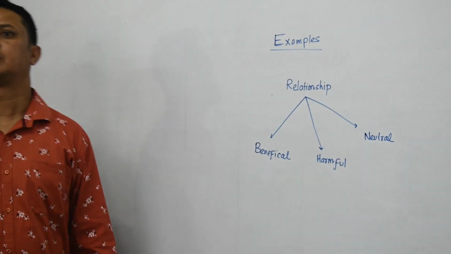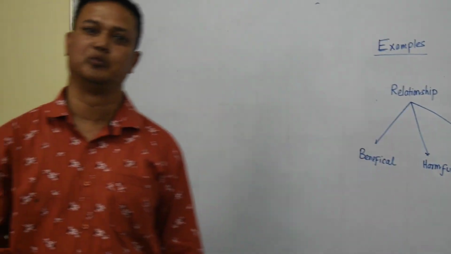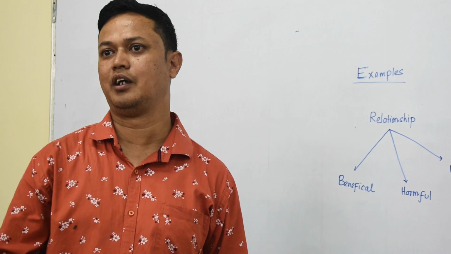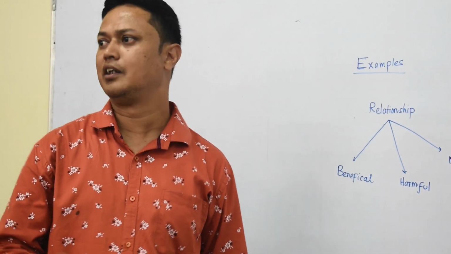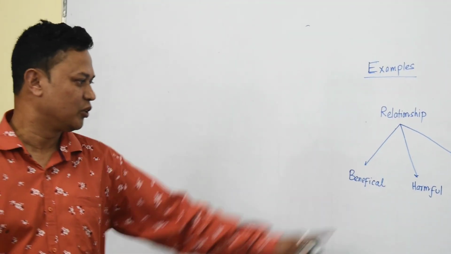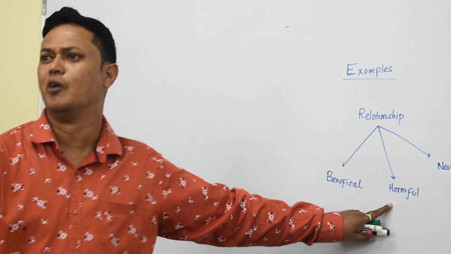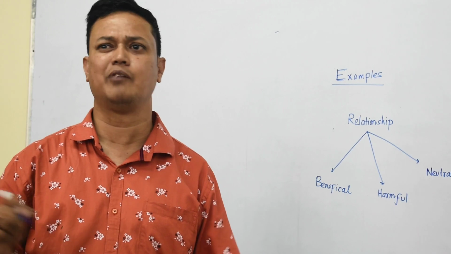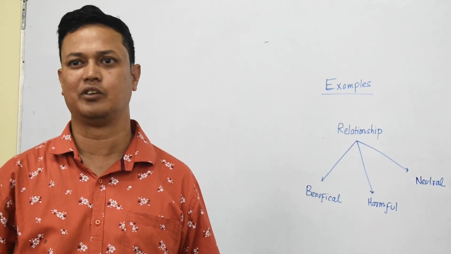Suppose some of your friends may be very good to you, but not all friends can be good. Some of them may be jealous of you and are trying to harm you. So this is a harmful relationship. While there are some friends who are living far in America, they have no role in your life, just hi, hello, that's it.